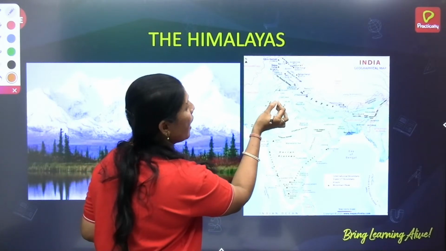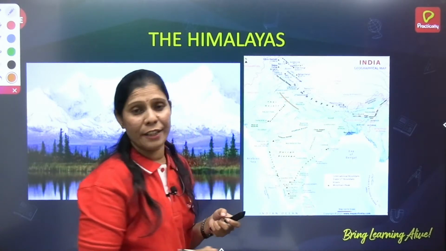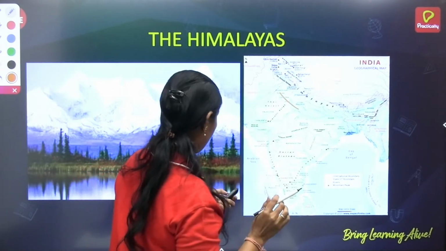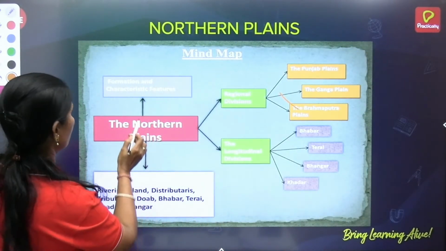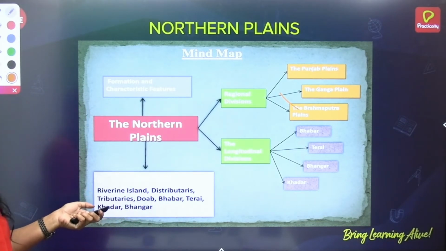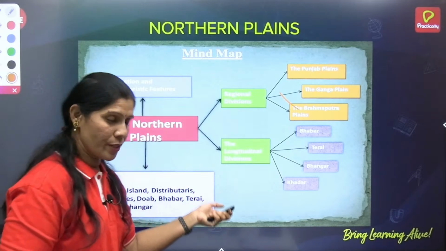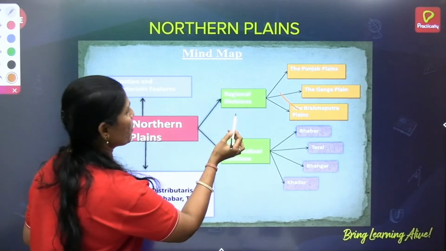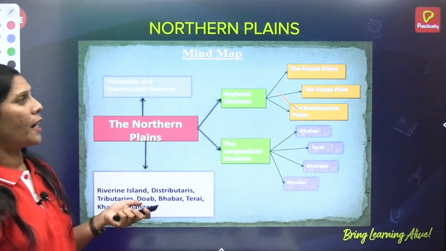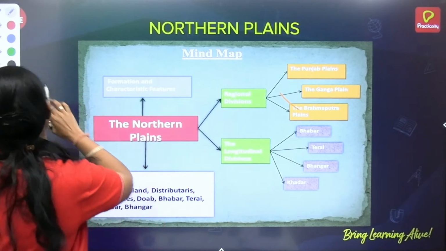Northern plains are being drained by different rivers. The northern plains are divided regionally as well as longitudinally. First, regionally: Punjab plains, Ganga plains and Brahmaputra plains.